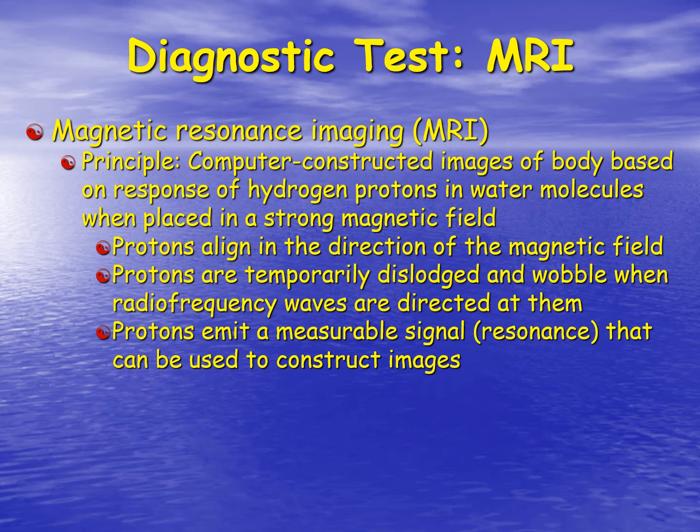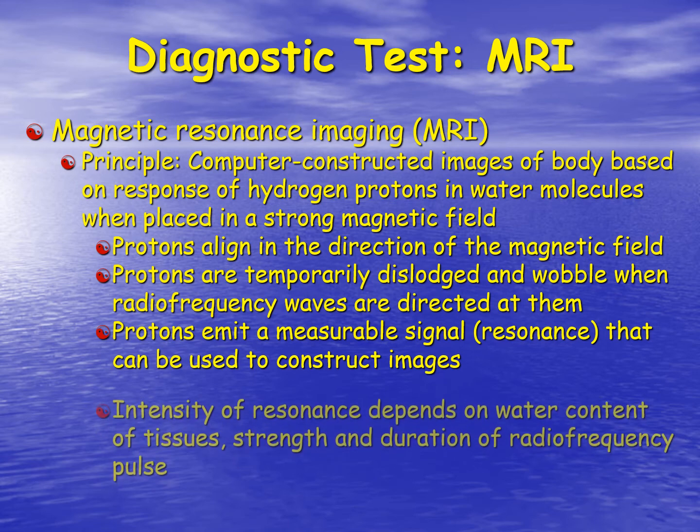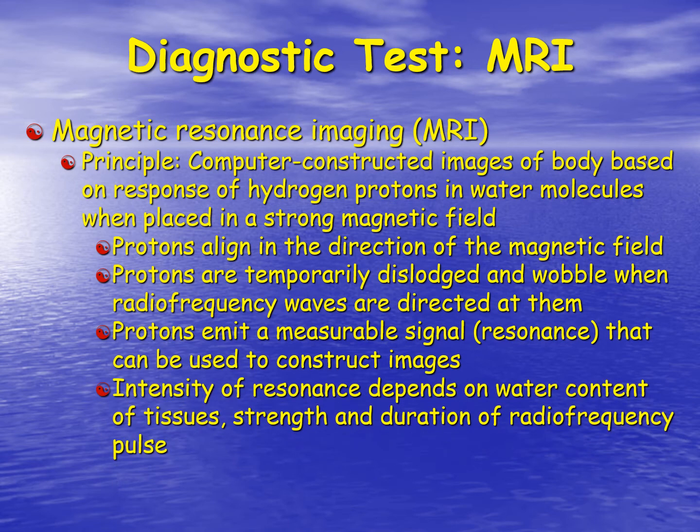These protons will emit a measurable signal or resonance as they're wobbling, and that can be used to construct the images. The intensity of resonance depends upon water content of the tissues, the strength and the duration of the radio frequency pulse from the MRI machine.